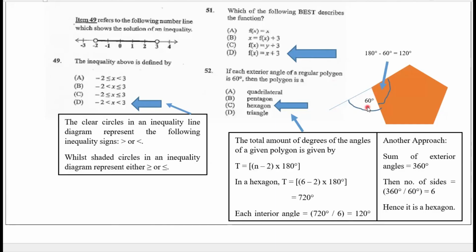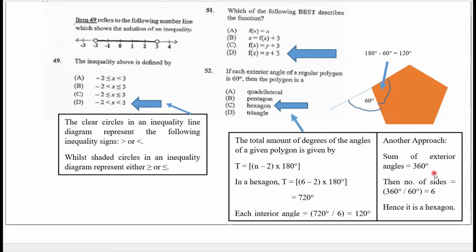So what can we do? I showed 2 ways, but because of time, I will look at the easy approach here. With regular polygons, the sum of the exterior angles is 360 degrees.